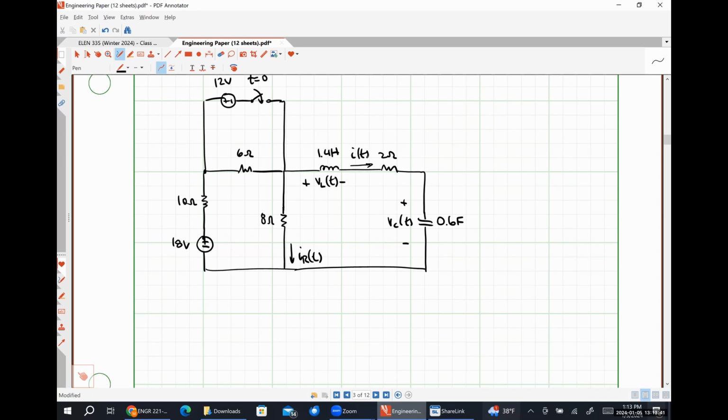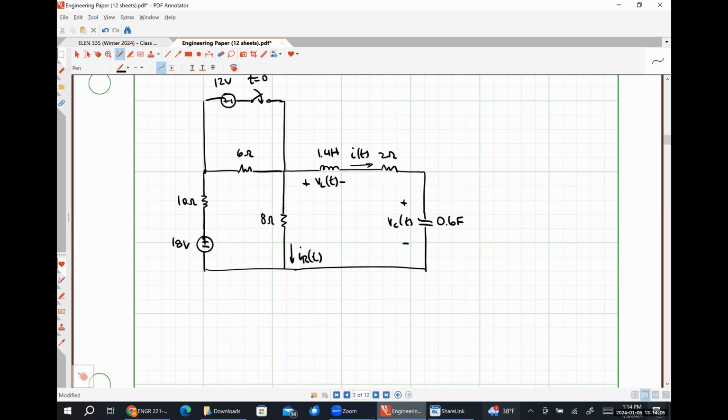So to me, the easiest way to do this is to think of the resistor current as just the voltage drop across the 8 ohm resistor divided by 8 ohms, right?